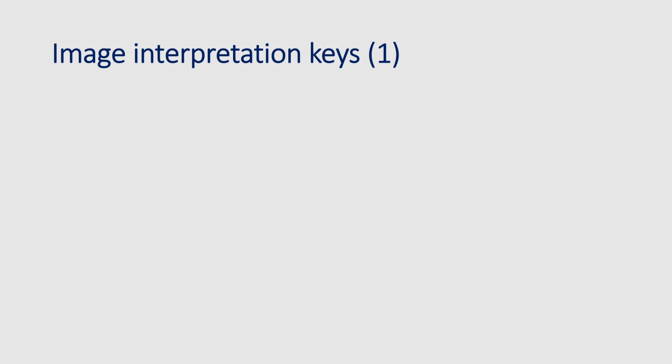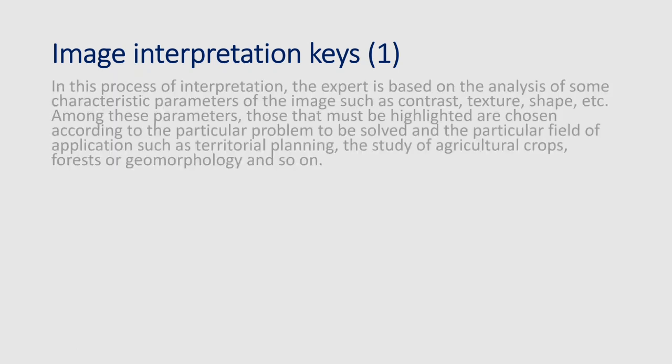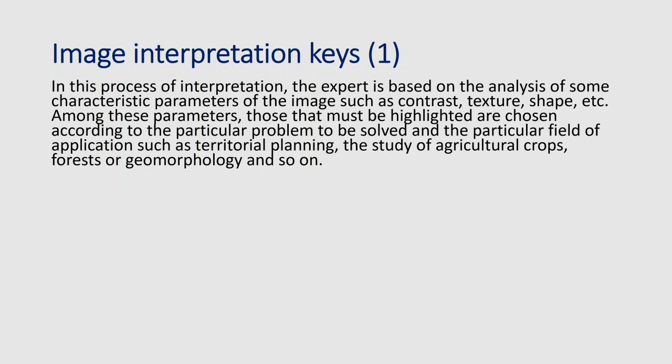Let's go to the image interpretation keys. In this process of interpretation, the expert is based on the analysis of some characteristic parameters of the image, such as contrast, textures, shape, etc. Among these parameters, those that must be highlighted are chosen according to the particular problems to be solved and the particular field of application, such as territorial planning, the study of agricultural crops, forest, or geomorphology, and so on.